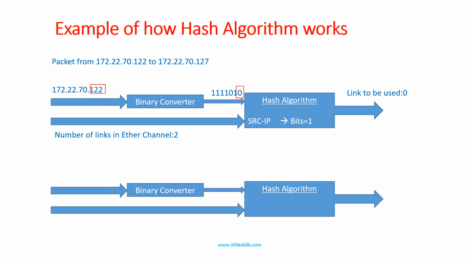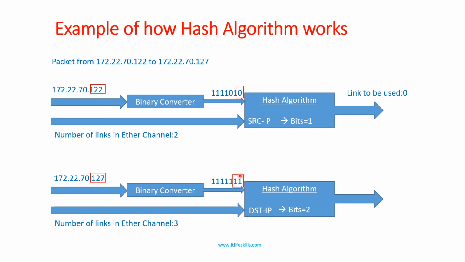Now let's move on to the second case, where we use the destination IP address as the load balancing method. So this IP address will be used to analyze, and we have to convert 127 into a binary string, and we have these strings. In this case, the number of links in EtherChannel is 3, so we have 2 bits and we use a bit operation, and here's the result.